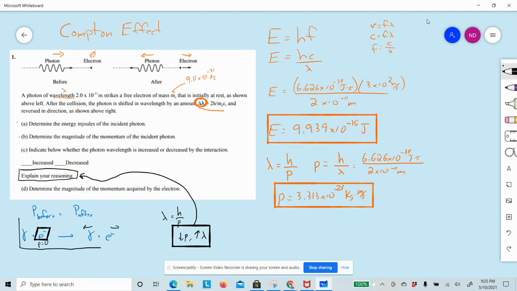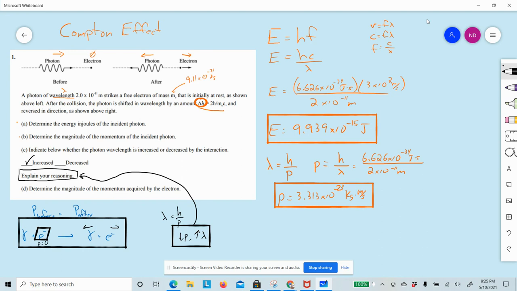Momentum is going to be conserved in the collision, and since the electron comes away with some momentum and it had 0 to start with, the momentum gained by the electron will be equal to the momentum lost by the incident photon. Sorry, the momentum of the photon is decreased, and there is an inverse relationship between momentum and wavelength. So the wavelength of the photon will be increased.